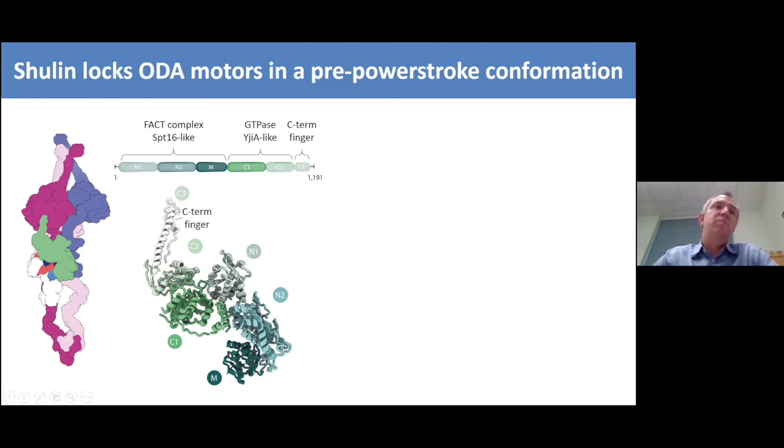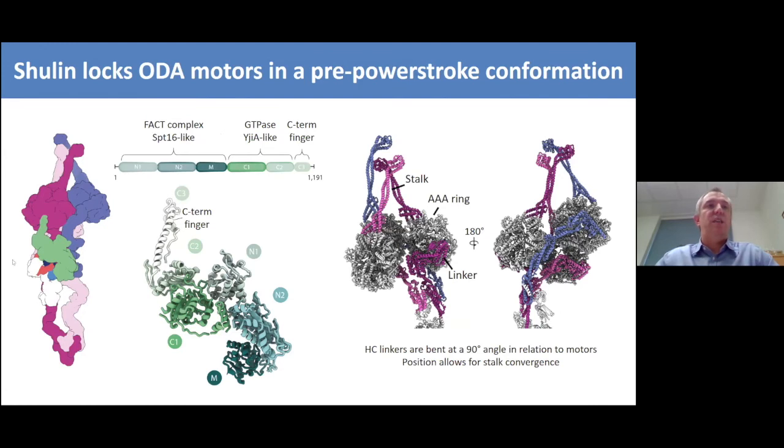So the way this protein works is to stabilize the ODA in a conformation where all of its motor domains, which are these top bits here, are clustered together. And they're clustered together by forcing them into a conformation that we call the pre-powerstroke. That's one of the states of the catalytic cycle. So in dynein, you have the stalk, which binds with the microtubule binding domain at the end.